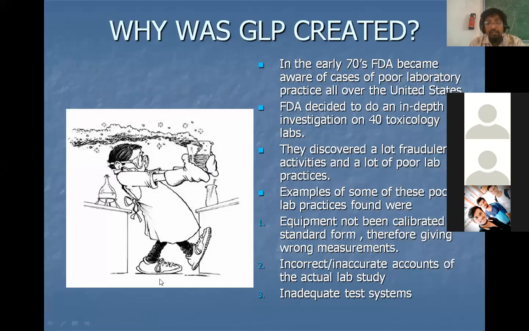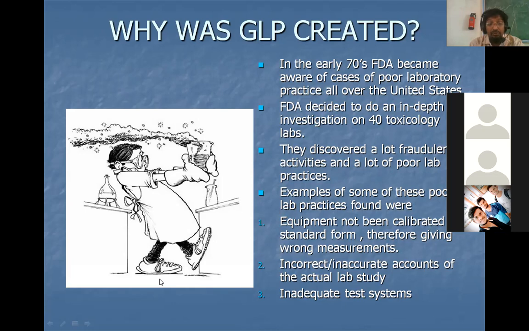So why was GLP created? In the early 70s, the FDA became aware of cases of poor laboratory practices all over the United States. The FDA decided to do an in-depth investigation of 40 toxicological laboratories. They discovered a lot of fraudulent activities and a lot of poor laboratory practices. Examples of the poor practices found were equipment not being calibrated.